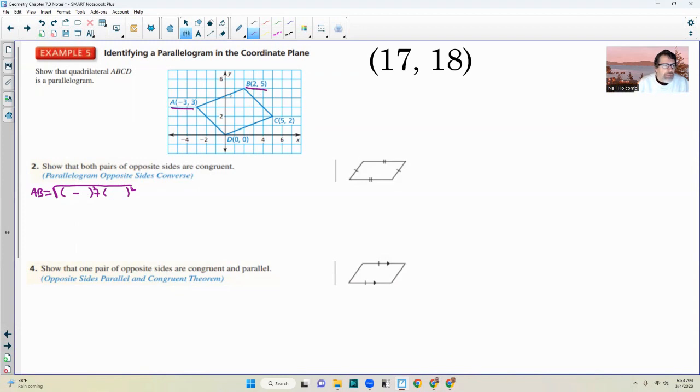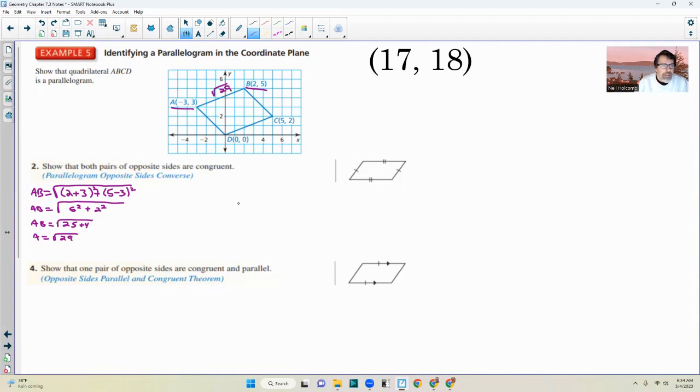So x2 minus x1, 2 minus a negative 3 is plus 3, and then 5 minus 3 on the other side. So AB equals the square root of 5 squared plus 2 squared, which is 25 plus 4. So AB has a length of the square root of 29. That's 5 point something. Leave it in radical form, it's just fine. So AB is the square root of 29.